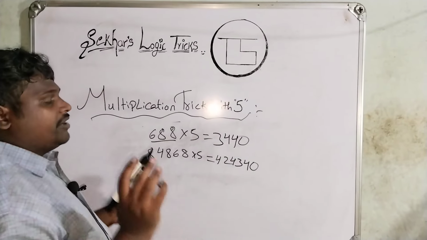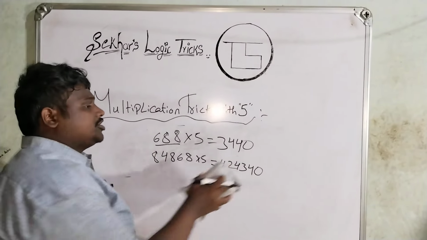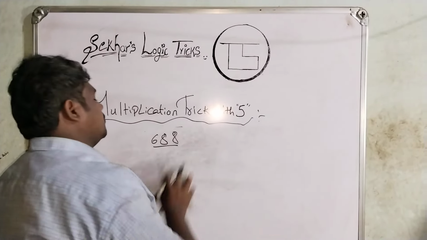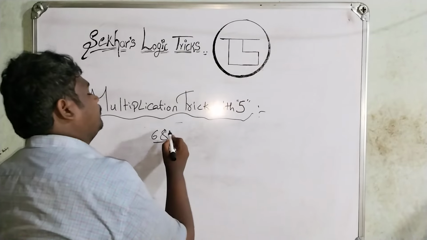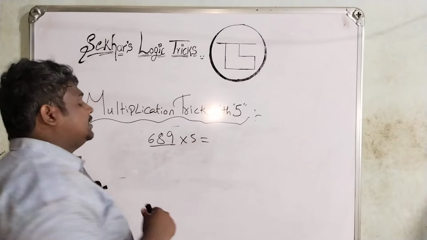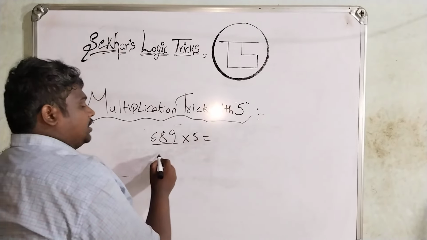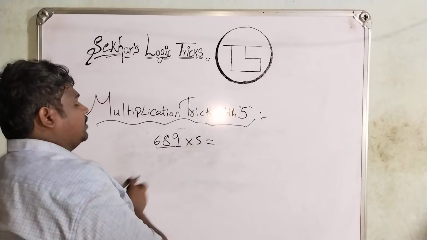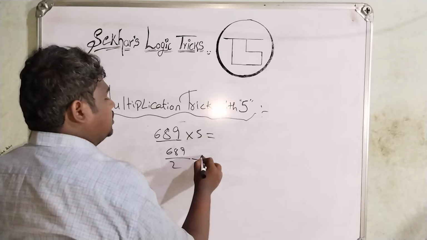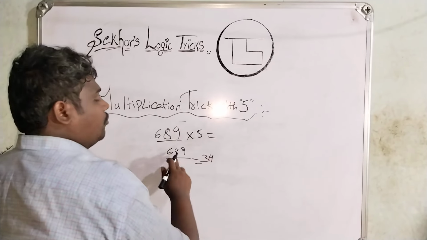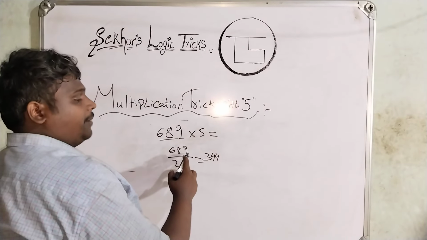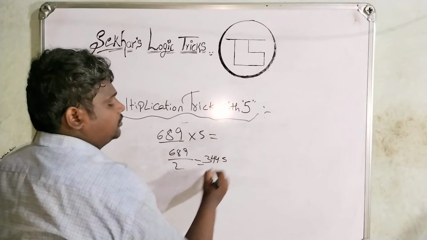It is easy, but we have another interesting trick. While multiplying 689, the first step is 689 by 2, which is 344, half of the number, dot 5.